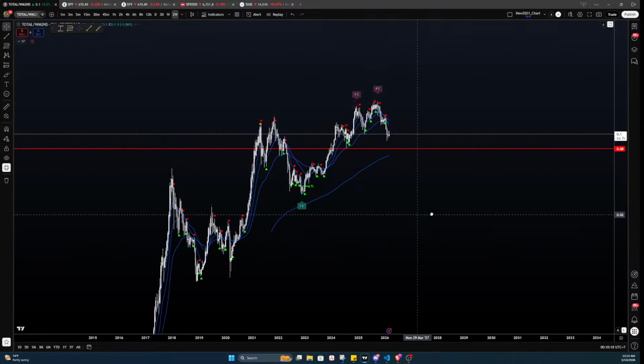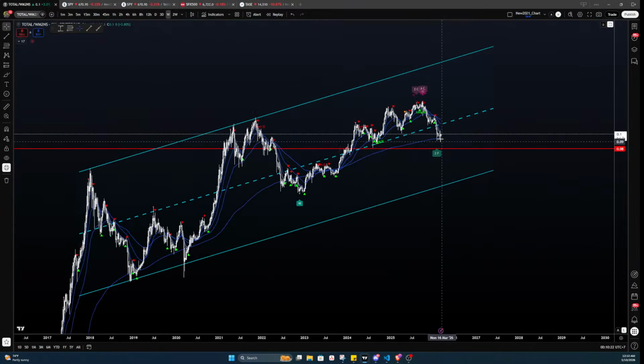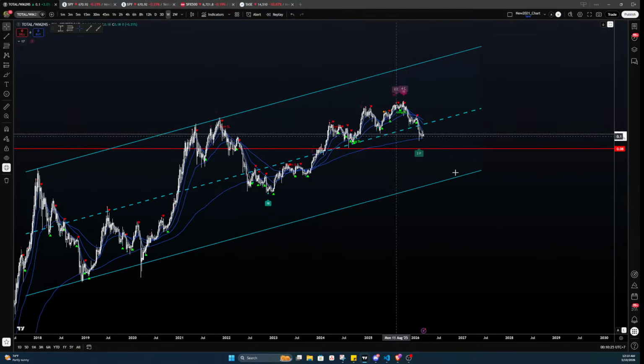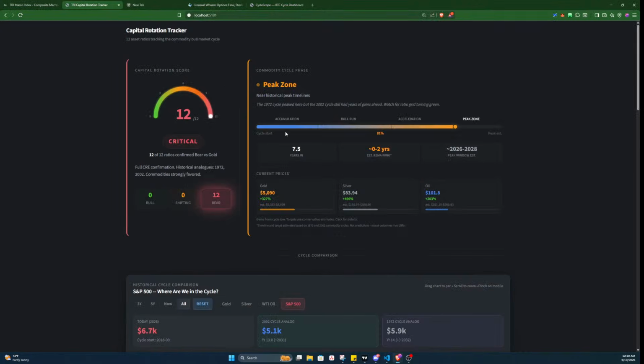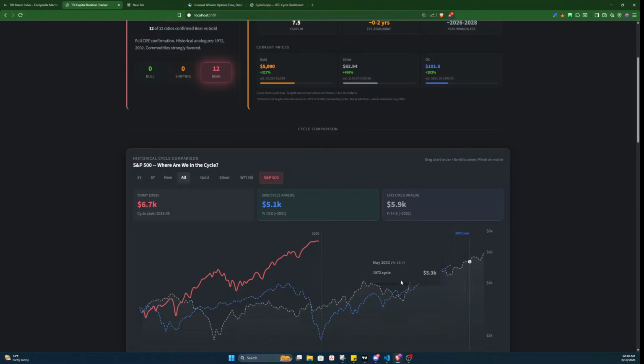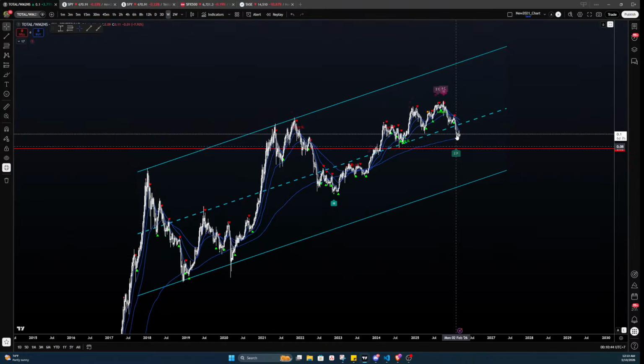The thing that concerns me though is really this capital rotation event. I don't know what could happen to Bitcoin if this continues to play out the way it has been, because this has never happened before. I don't even have Bitcoin on this chart because it's basically the same as stocks to me, and stocks have not rolled over at all, and Bitcoin's already tanked, right?